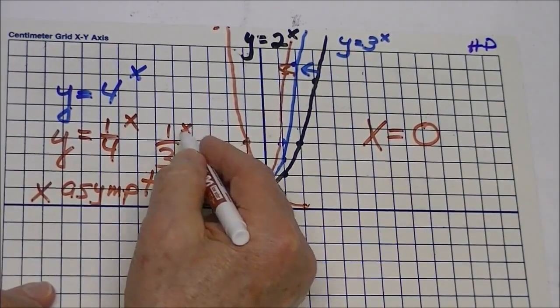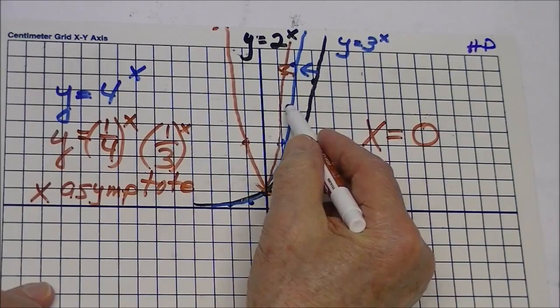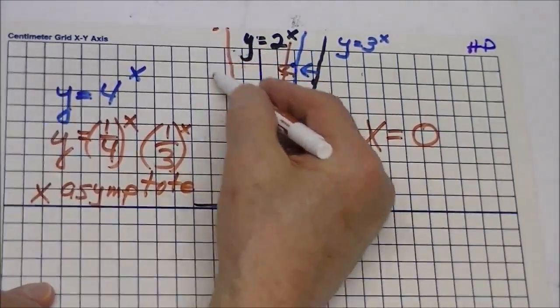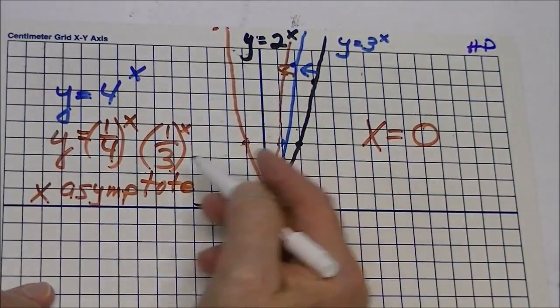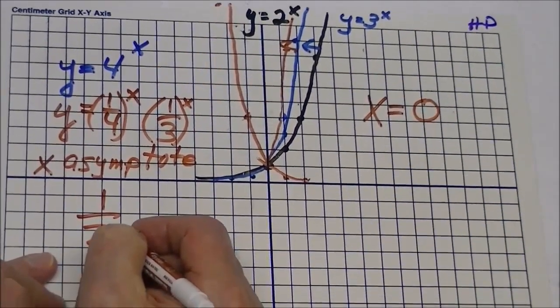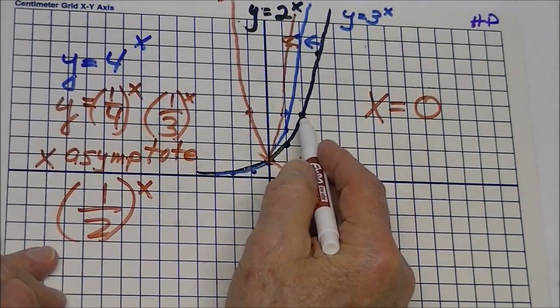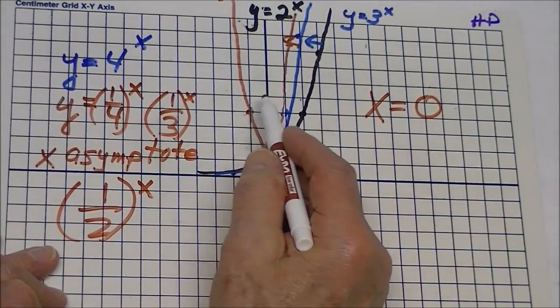Now, if we were to draw 1/3 to the x power, that would be over here where the blue line is. And if we did 1/2 to the x power, that would be the reflection of the black line.